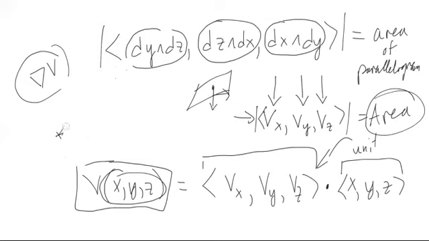So let's just think two-dimensionally for a minute. What if we have a parallelogram like this, and that's a base, say, and think about how we compute the area of it.